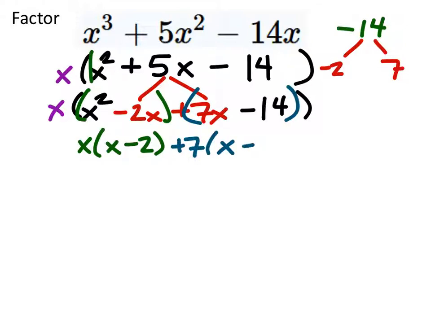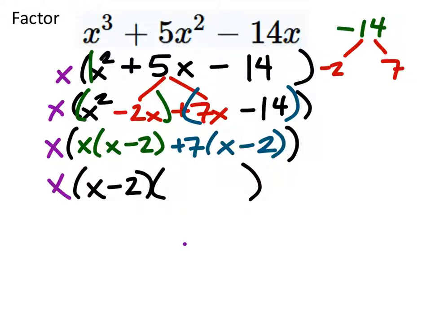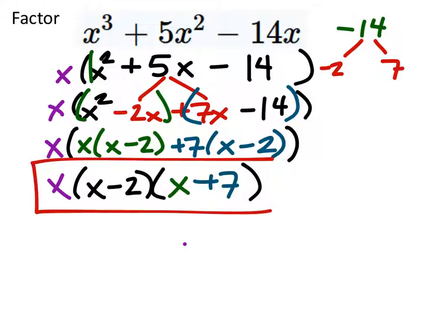So now I've got x minus 2, which is what I would expect from the green part there, right? All right, so from that black set of parentheses, I can factor out an x minus 2. And then what do I got left over? I got x and +7 as my answer on that second to last row.